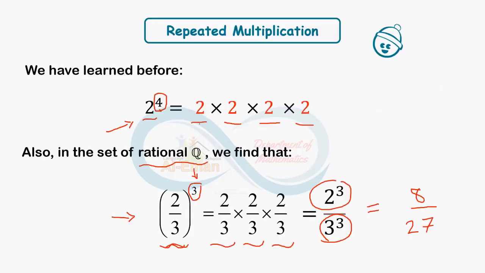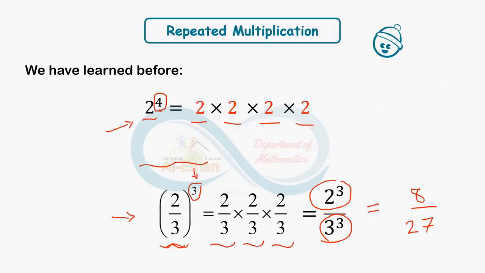Okay, let's go back to the previous example. Notice that if any number has no written power or index, it already has a power, and this power is 1, and we don't write it for simplifying. In our case here, 2 has power 1, and here also there is a 1, and also here there is a 1. When we multiply, we add the powers.